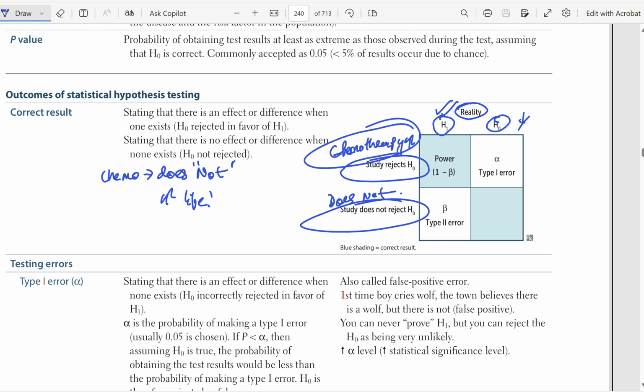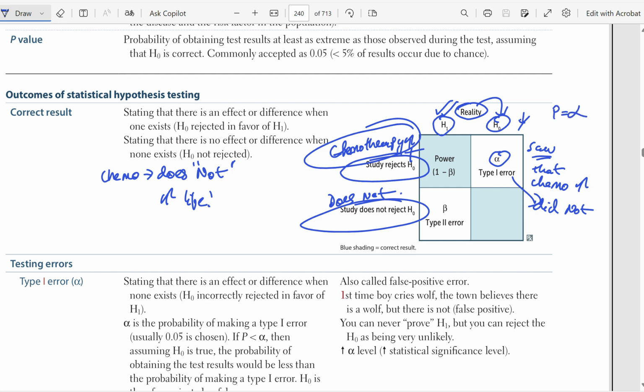If we saw that chemotherapy increased life, but in reality, chemotherapy did not increase life, then that's an alpha error. So we saw an association that did not exist, and that's a false association, or the p-value is equal to the alpha error.